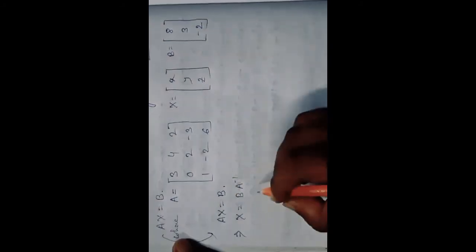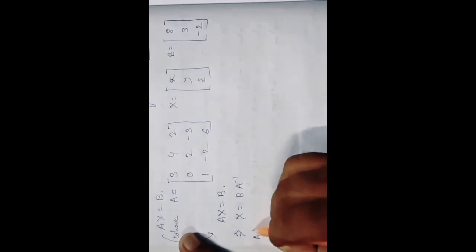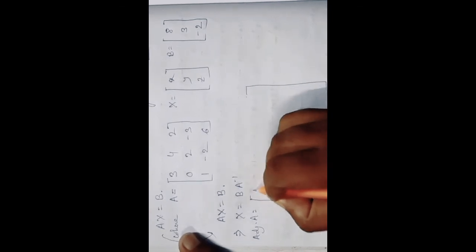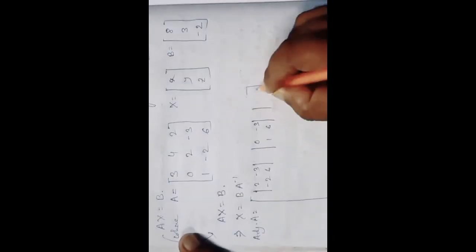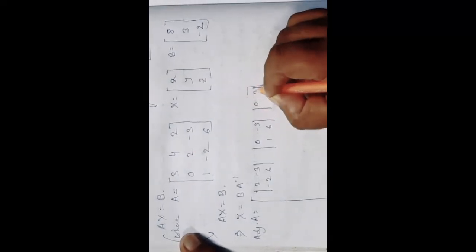Now for that we have to find adj A. Now adj A means, we take the minors: 2 minus 3, minus 2 6; 0 minus 3, 1 6; 0 2, 1 minus 2.